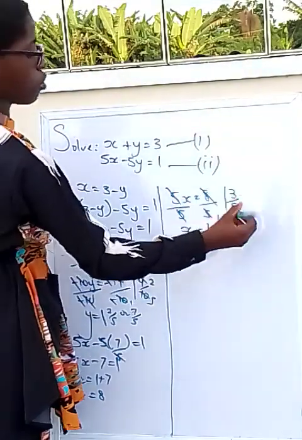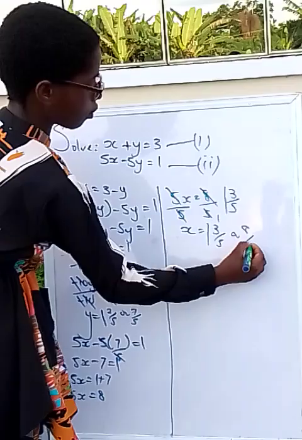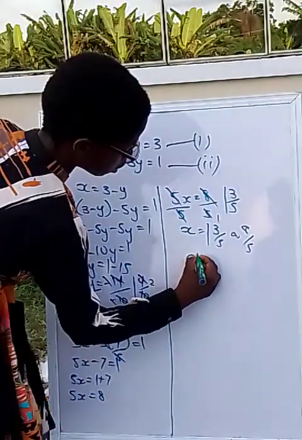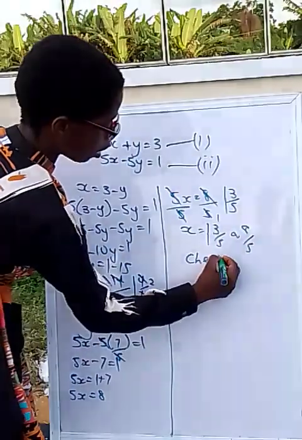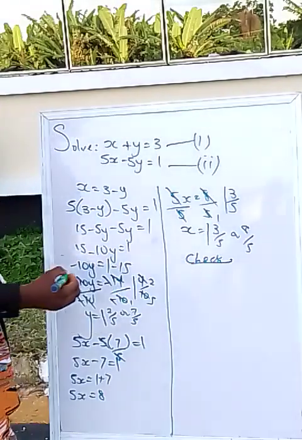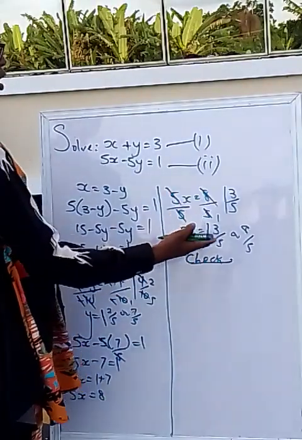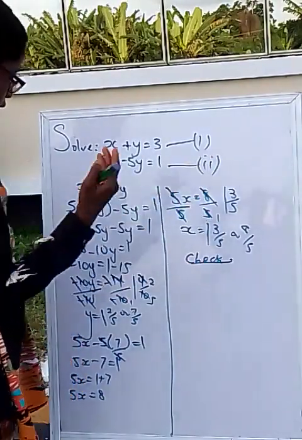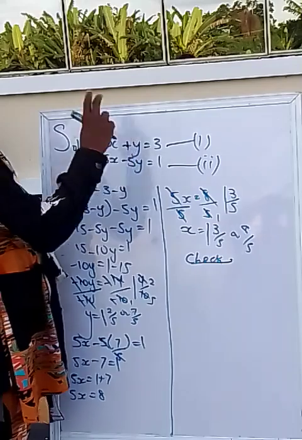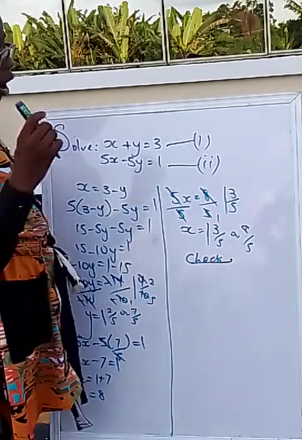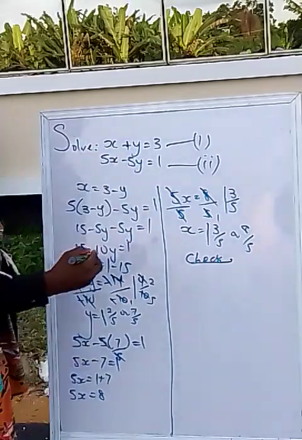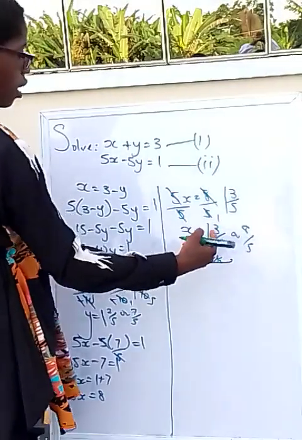Now let's check if our answers are correct. To do that, we substitute the values of both x and y in the two equations to be sure our answers are correct. From equation 1, x plus y equals 3, and our x is equal to 8 over 5.